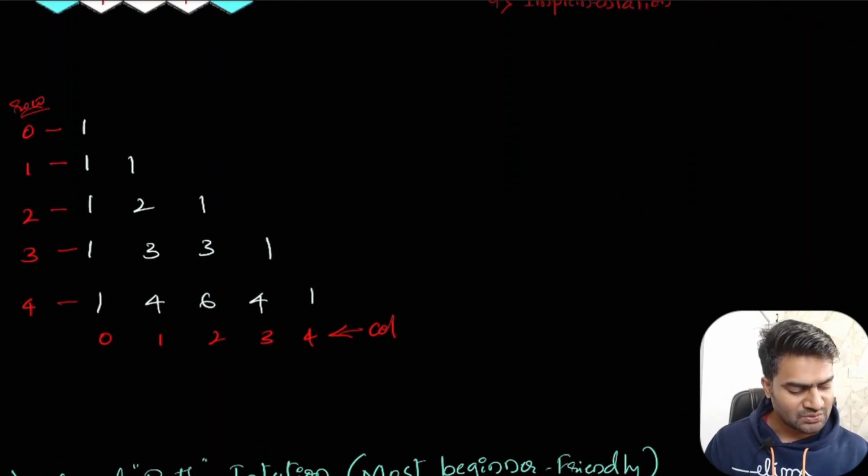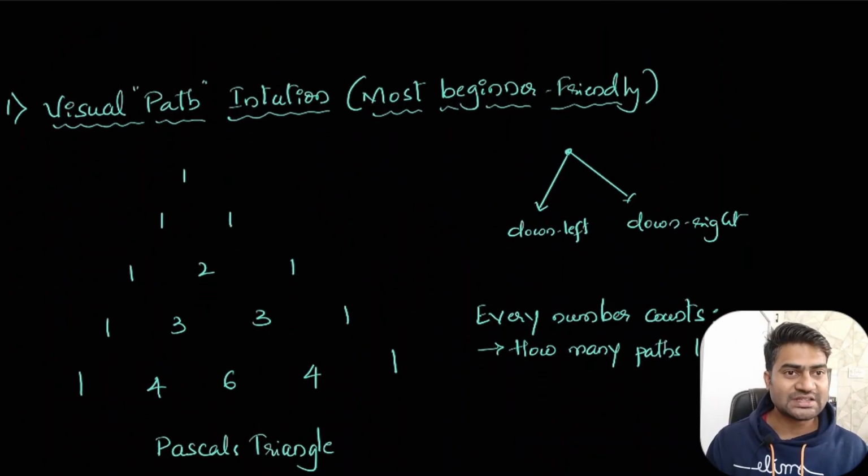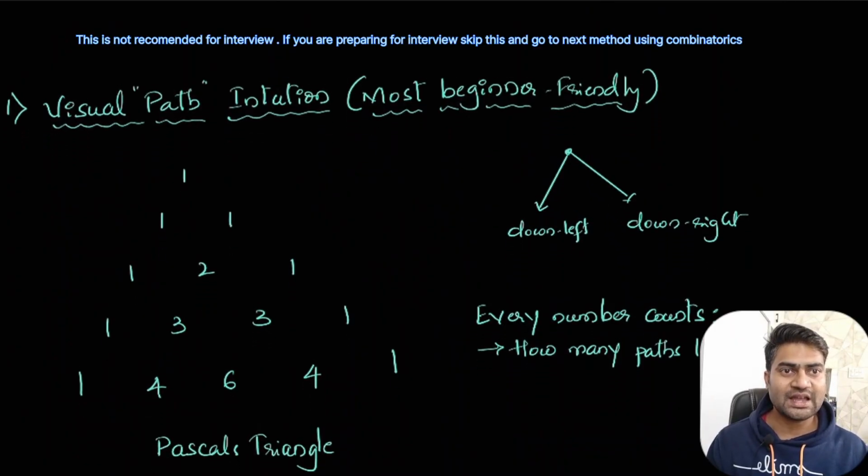Let us try to understand the first optimal solution. In this video, I'll first discuss one optimal solution, and then I will discuss the other one in detail, brute, better, best, because this is not very intuitive.